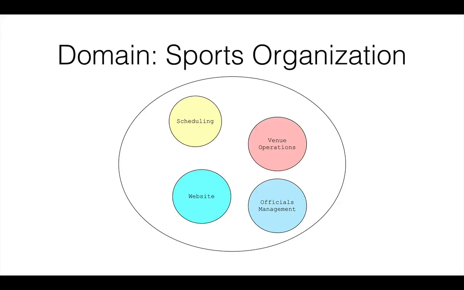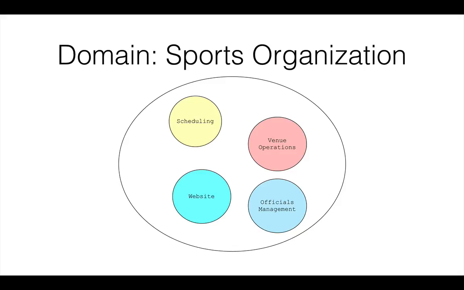And you can probably easily identify pieces within that business that are logical subdomains, probably aligned with your departments. Everybody has HR, finance, and so on. Small businesses don't, but these functions are still there. You're still solving the same problems as big corporations, but on a smaller scale.